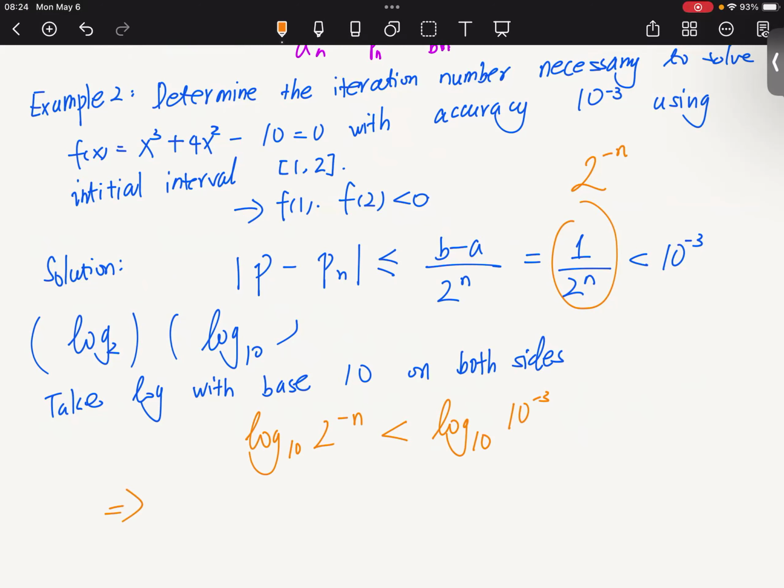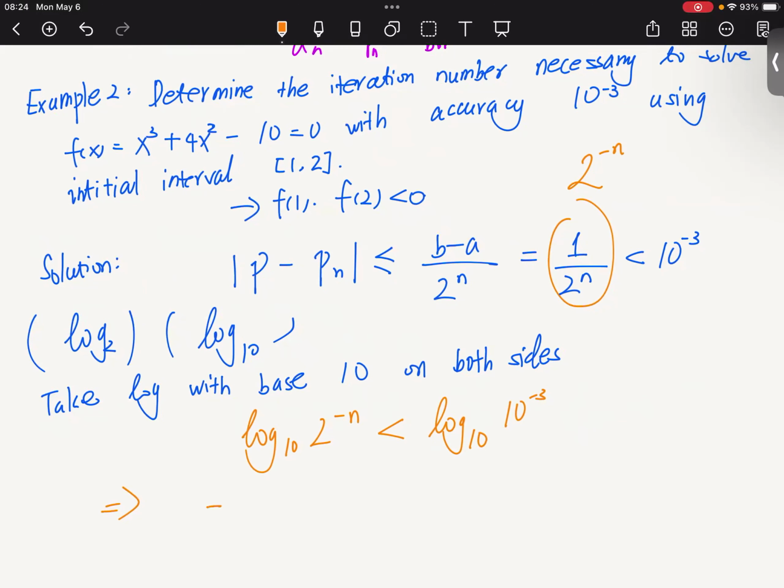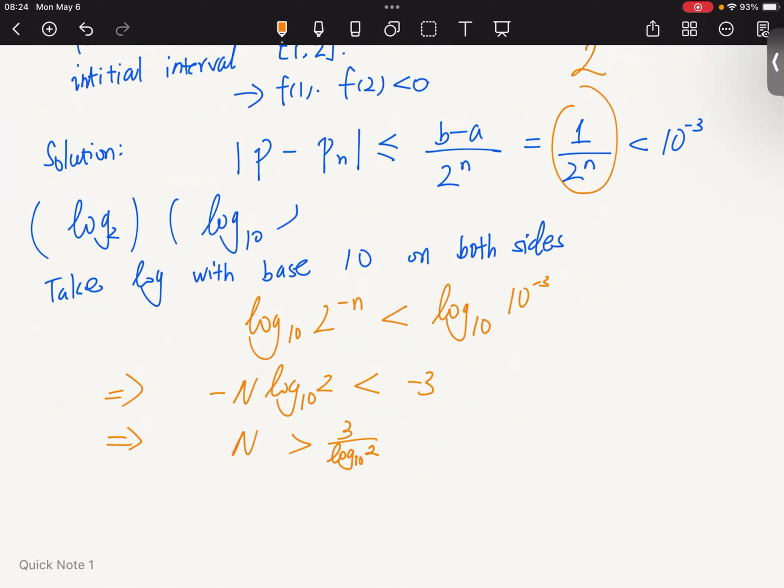Which means that on the left hand side, I got negative n times logarithm base 10 of 2, and on the right hand side is just negative 3. Which means that n is bigger than 3 over logarithm base 10 of 2.